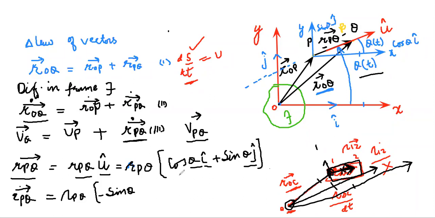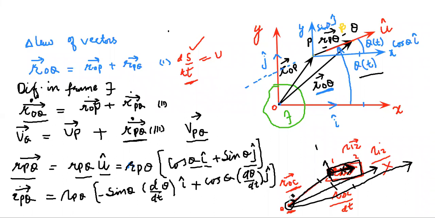So differentiation of cos theta is minus sine theta multiplied by d by dt of this angle, d by dt of theta, I cap, plus differentiation of sine theta is cos theta and the derivative of the angle, that is d theta by dt, j cap. Okay, this is the derivative.